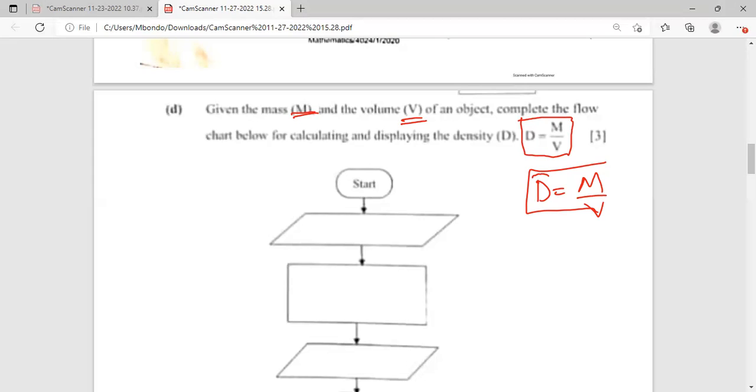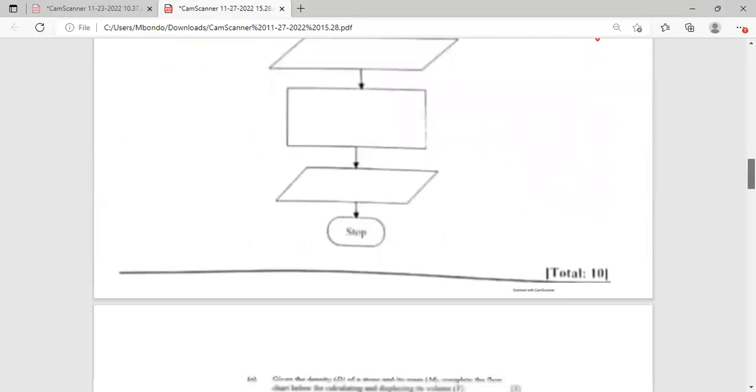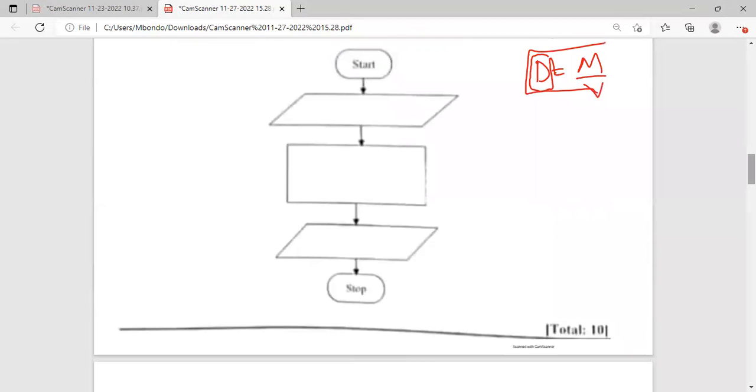We want density, which is D. So density is going to be the last part here, whether you say display, output, show or print. Here we're going to say display D, because that's what we are calculating.